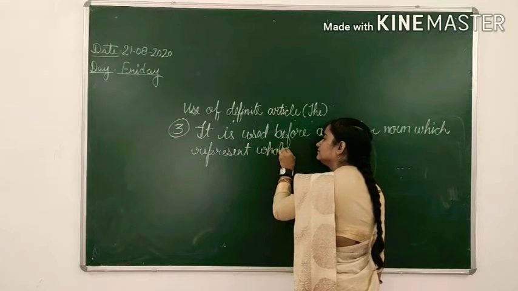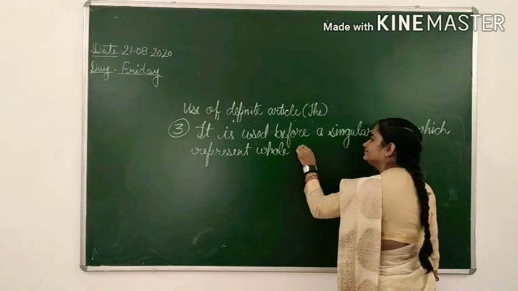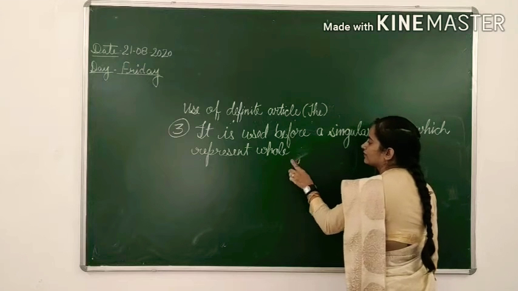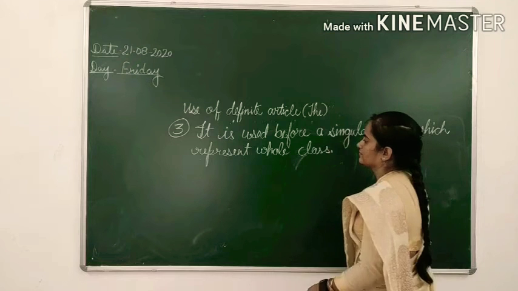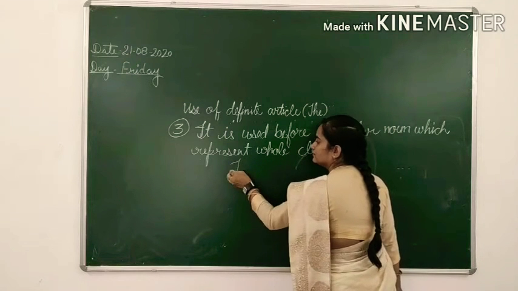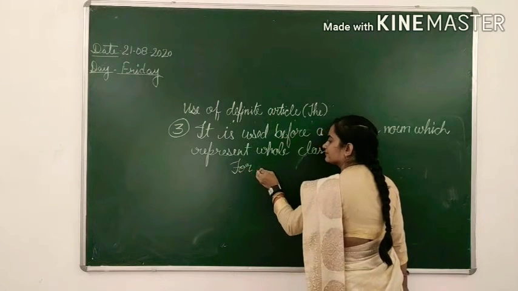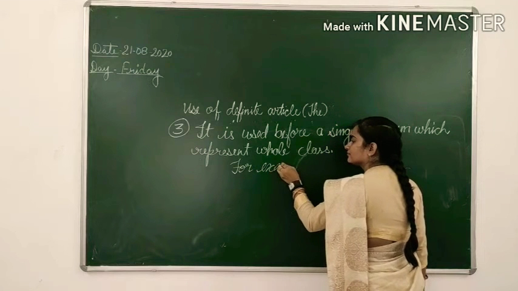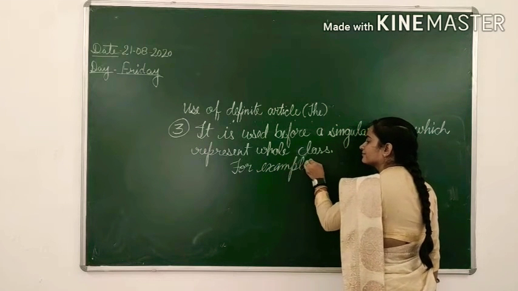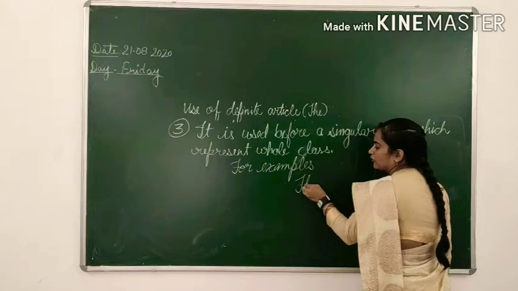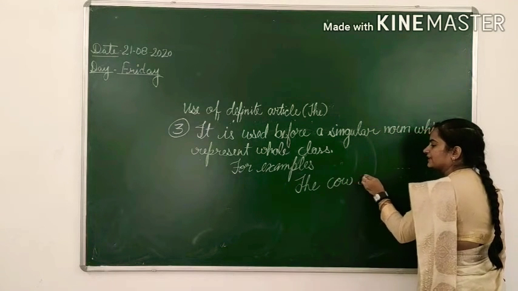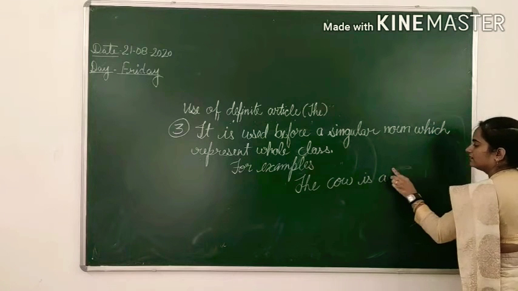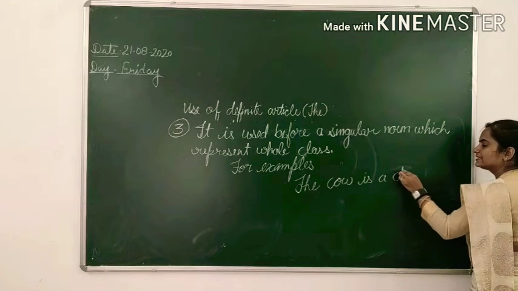For example, the cow is a domestic animal.